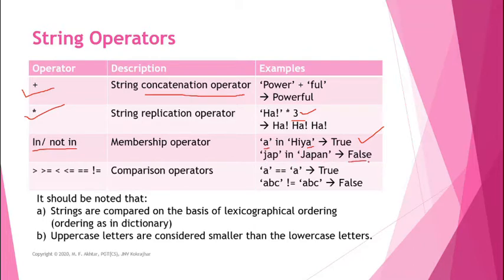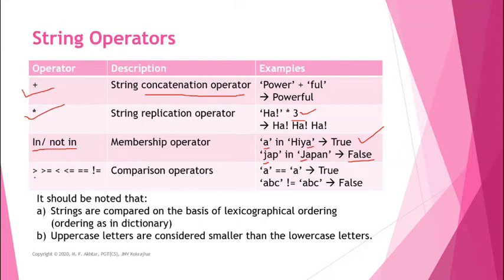It gives false because the letter j here is a small letter, and the word where we are checking starts with a capital letter, so it is false. If we had given a capital letter J here, then it would be true.